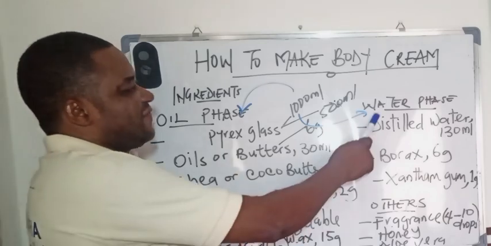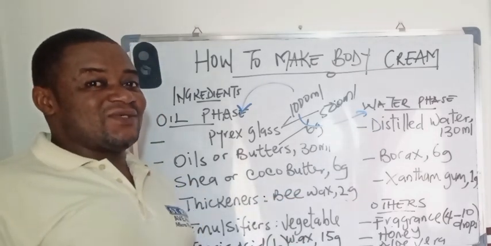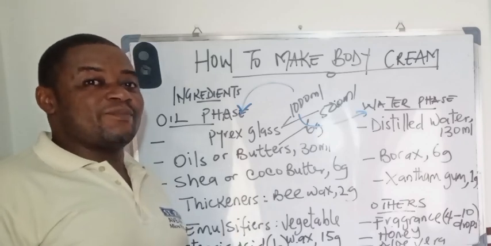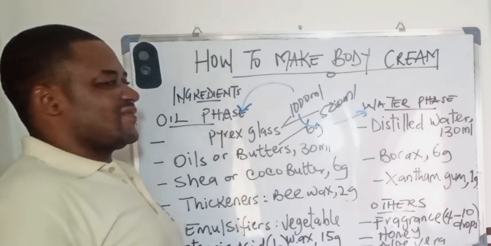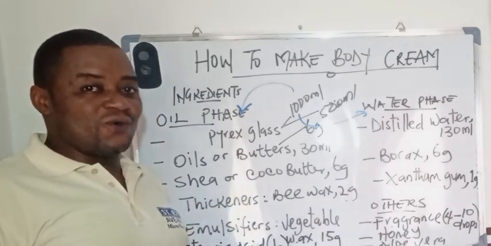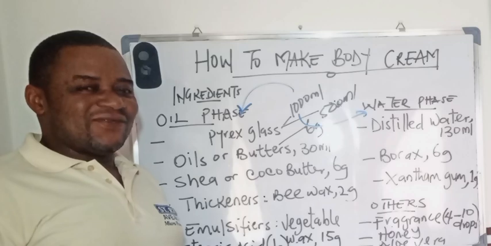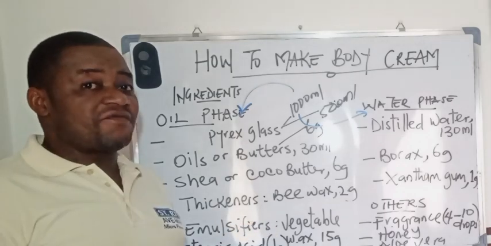Now, for the water phase, you need distilled water. If you cannot get distilled water, you can use Eva bottled water. Only Eva bottled water in the place of the distilled water. You also need borax. It is sold there in the market. So you buy borax. They are not expensive. All these things are very, very cheap.